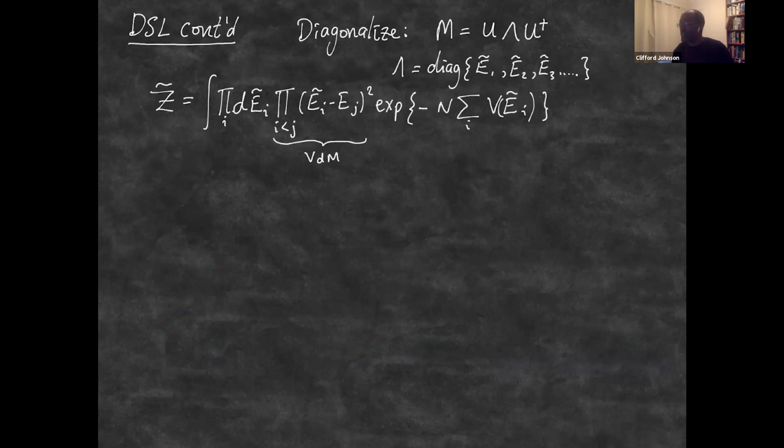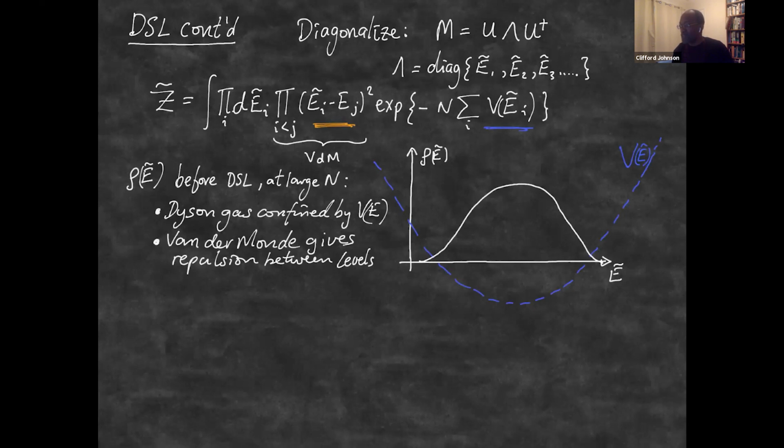Very, very briefly, what you typically do when you do these calculations is you diagonalize the matrix. There's a Jacobian, a Vandermonde determinant, in exchange for working in the diagonal variables, which I've called the eigenvalues of M, which I've called E tilde. And you end up with something like this. The way you should think about this is that you then have this one-dimensional problem, the space E, where the energy eigenvalues live.